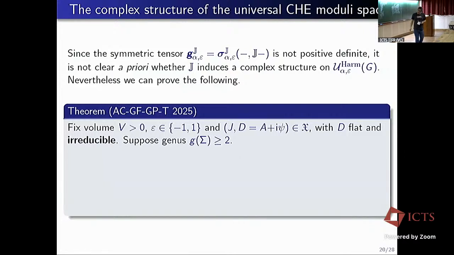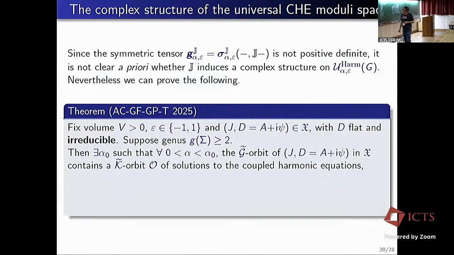So we fix a volume, the parameter epsilon, a flat connection and a complex structure. Suppose that the flat connection is reducible. Suppose the genus is greater than or equal to 2.